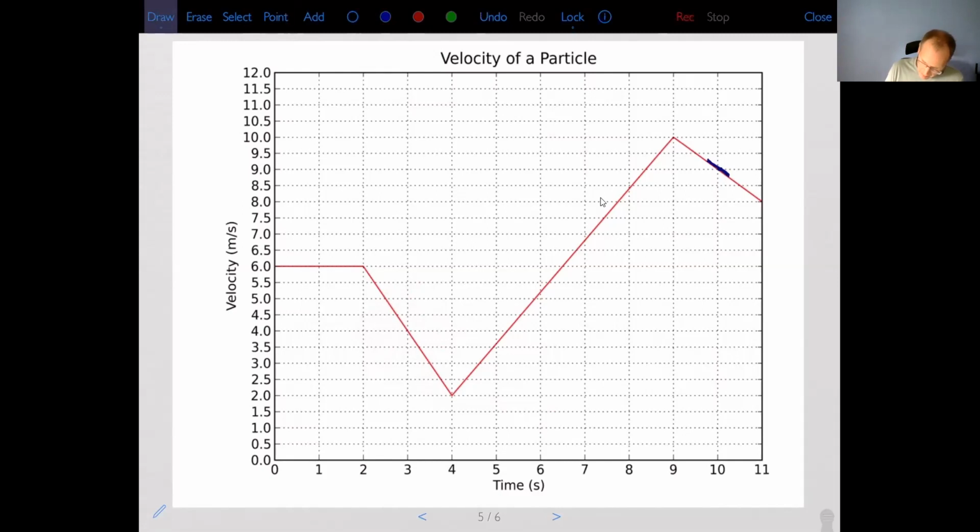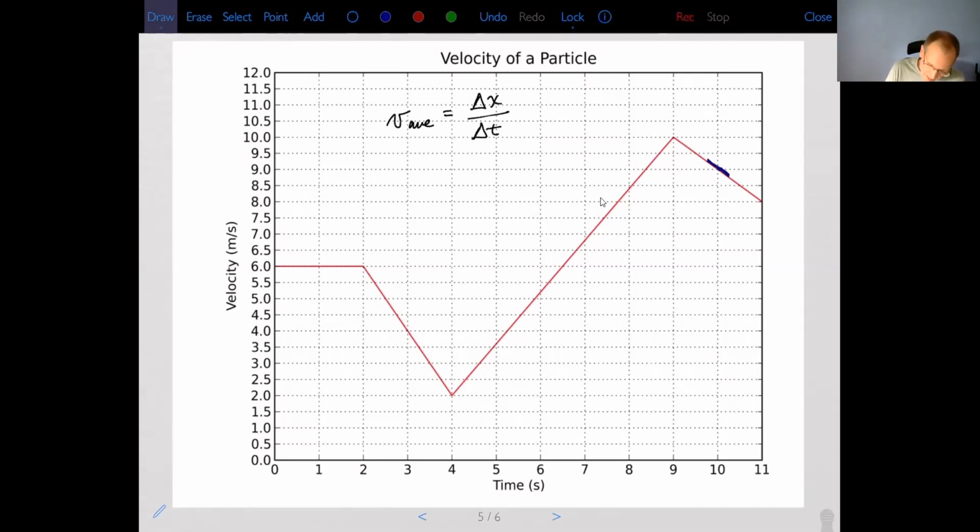Remember the definition of average velocity is change in displacement, or change in position, which is displacement, divided by change in time.